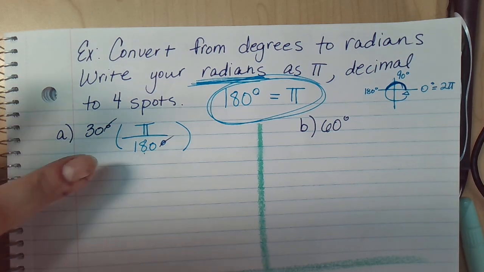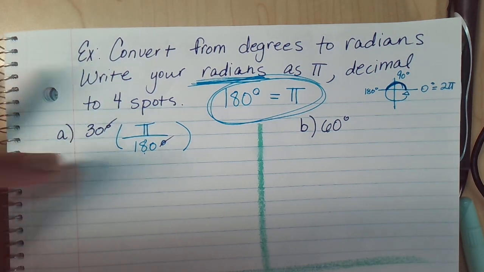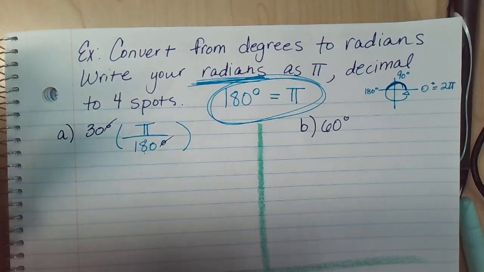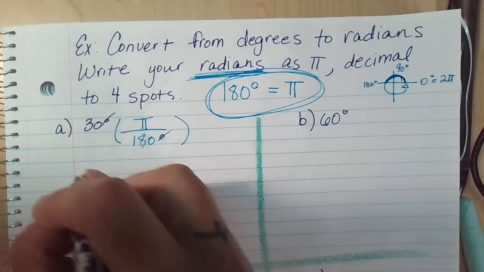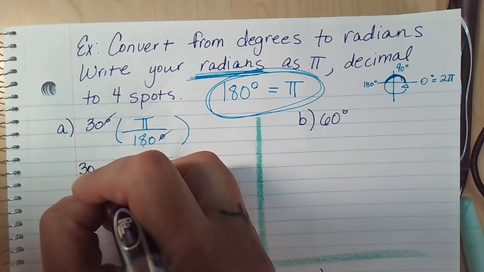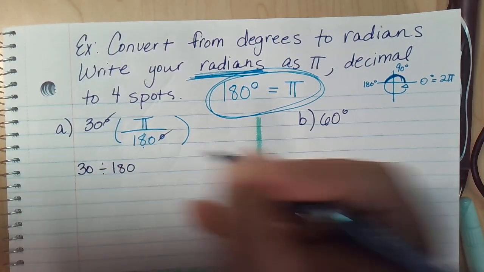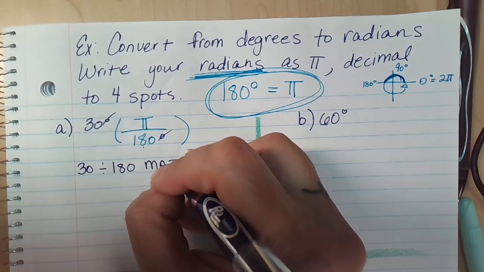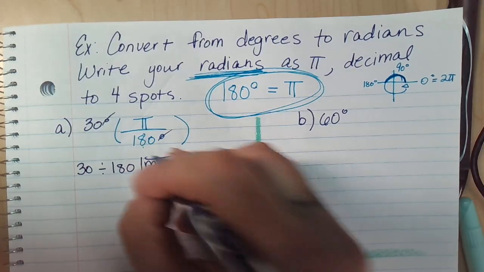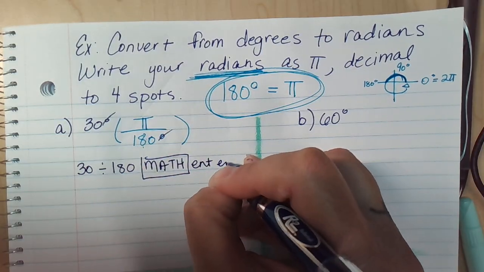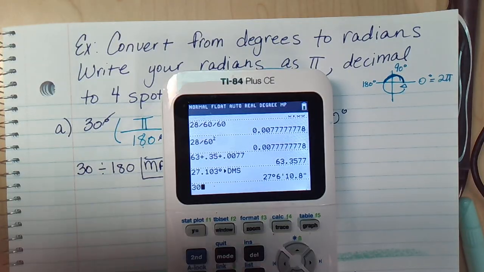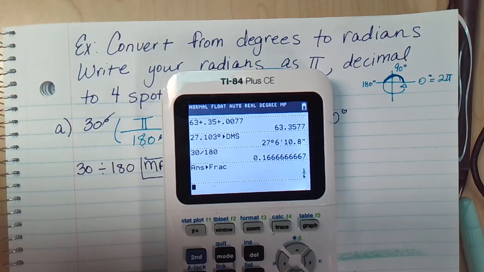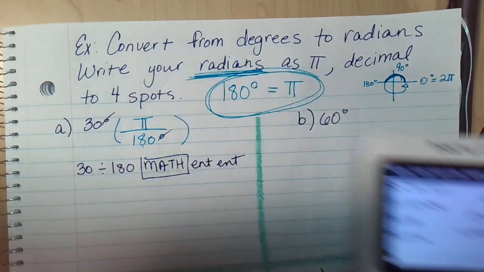Well, one thing you can do is you can try and reduce. And you can say 30 goes into 180 6 times. There's supposed to be a 6 on the bottom. Or we can use our calculator. We can say the 30 on top divided by 180. And then you probably need to press math, enter. And if we do that, we get 1 over 6.